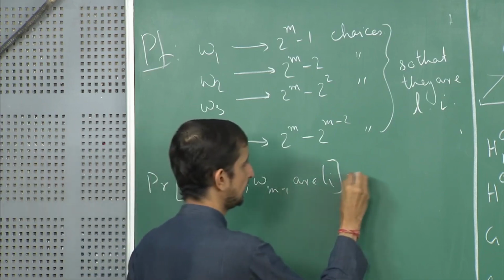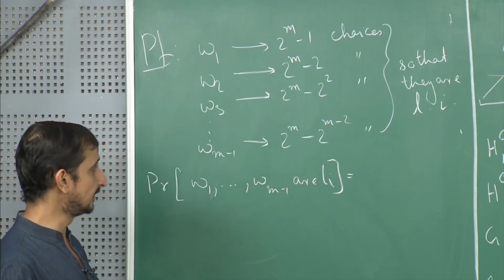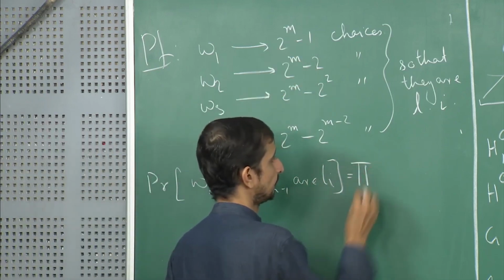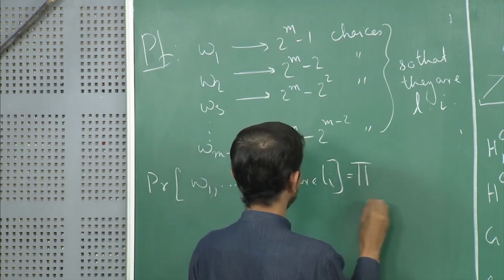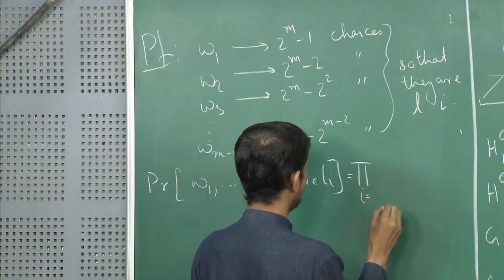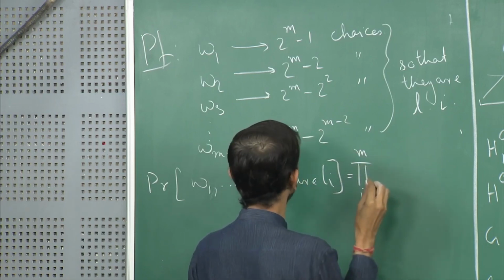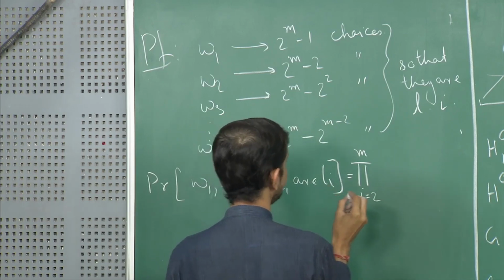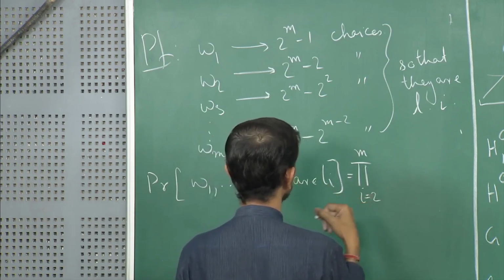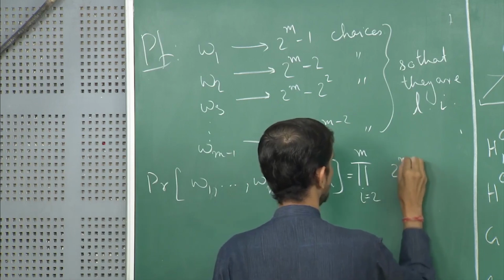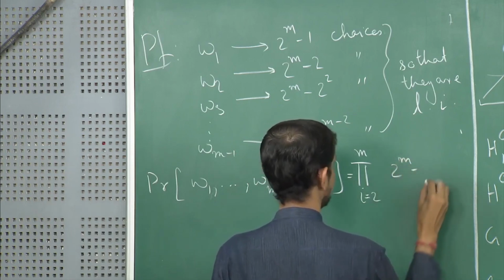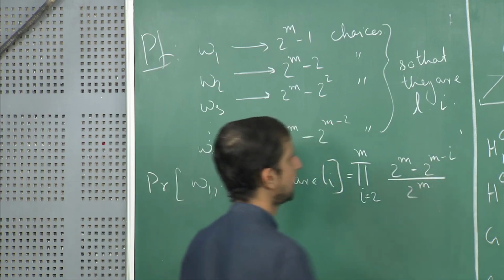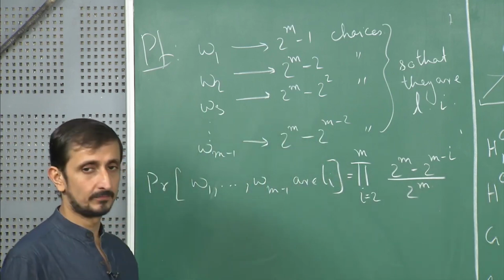It is exactly equal to the product of i going from 2 up to m of 2 to the power m minus 2 to the power m minus i, divided by 2 to the power m, right.